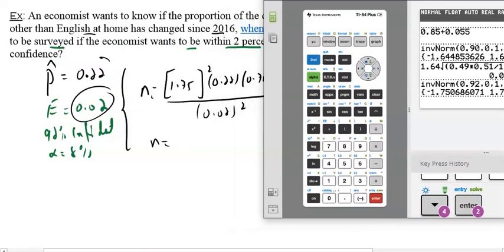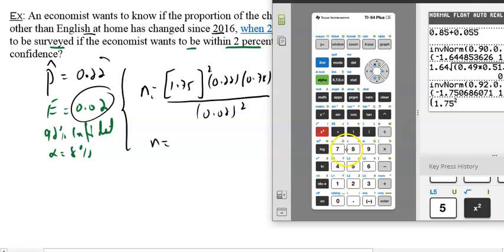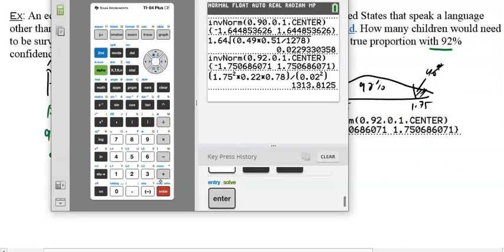Let's see how we're going to input all of that. I'm going to say parentheses 1.75 squared, right, times 0.22 times 0.78 close parentheses divided by 0.02 squared close parentheses, equal.